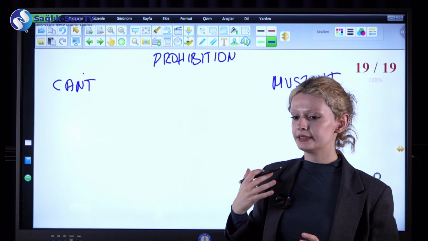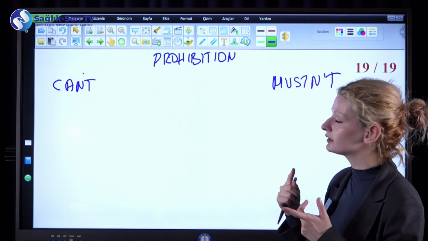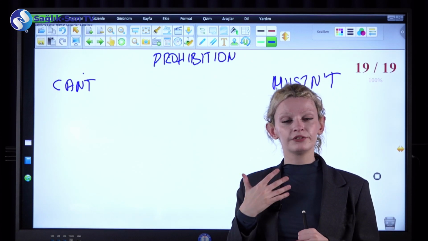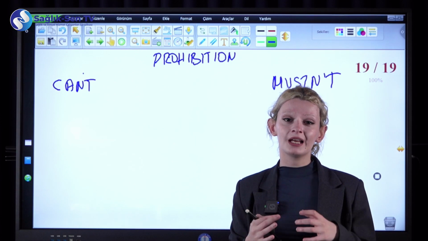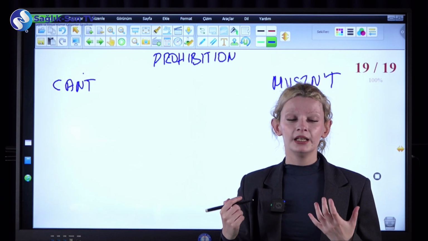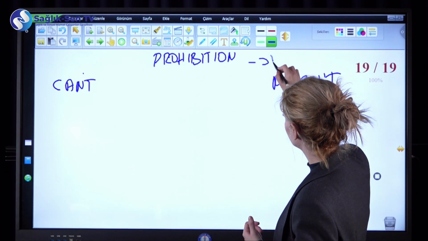This actually can be tricky for students because people think that don't have to, don't need to, or needn't also give the meaning of prohibition, but actually no. Only can't and mustn't give us the meaning of prohibition in present.